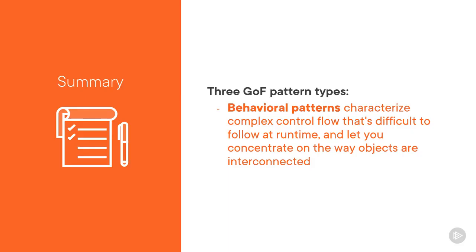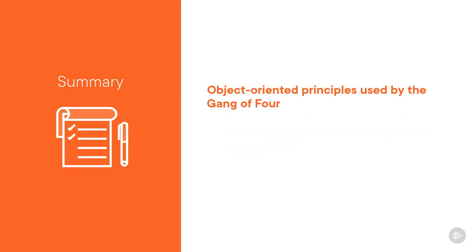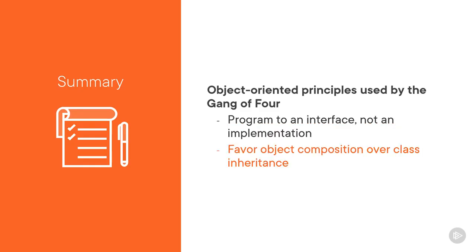They let you concentrate on the way objects are interconnected. 2 principles you'll have to keep in the back of your mind throughout the course, as the patterns are built with and around them, are to program to an interface and not an implementation, and to favor object composition over class inheritance. We just looked into those in detail.